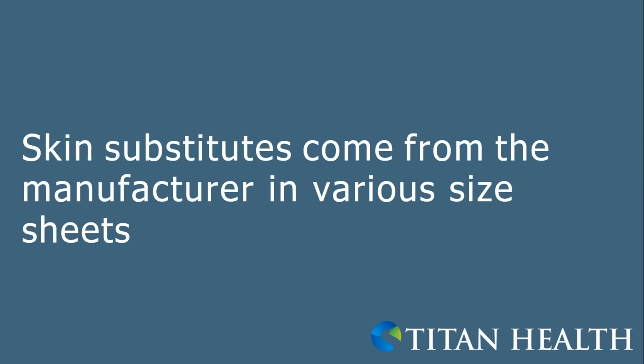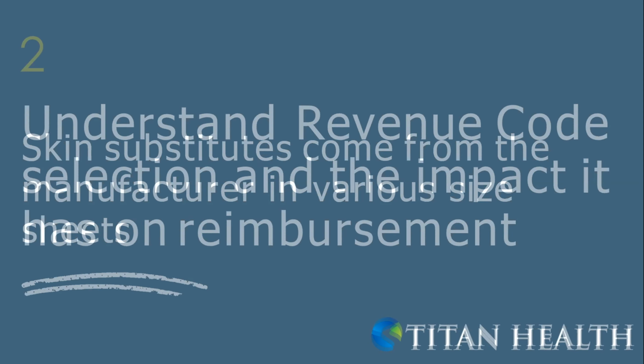But if you ensure that your units are reported properly with 1 unit for each square centimeter, your claim would bill 320 units, which calculated at $31.05 per unit, would reimburse $9,936, $9,905 more on just 1 claim, just from simply making sure your units are accurately reported.